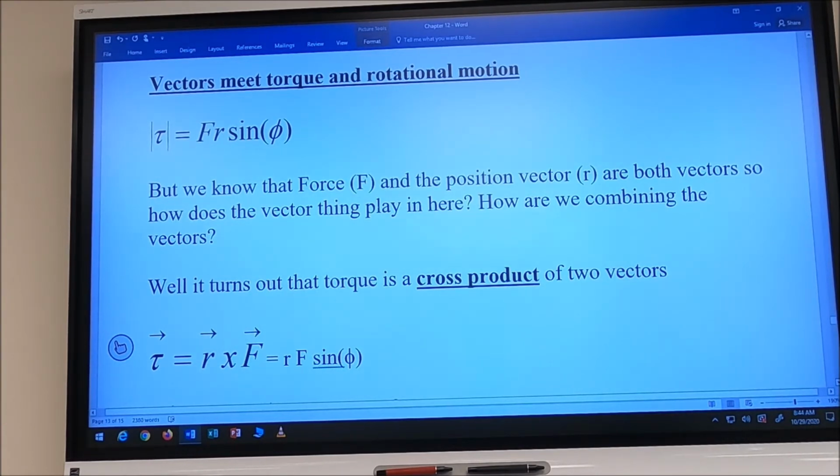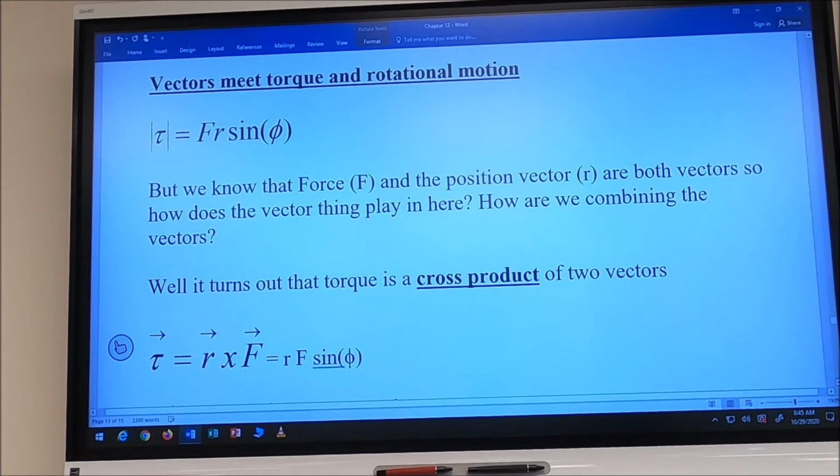Because we know the magnitude of the torque is equal to F r sine phi, where phi is the closest angle between the radial line and the force. But why is counterclockwise positive? Why is clockwise negative?